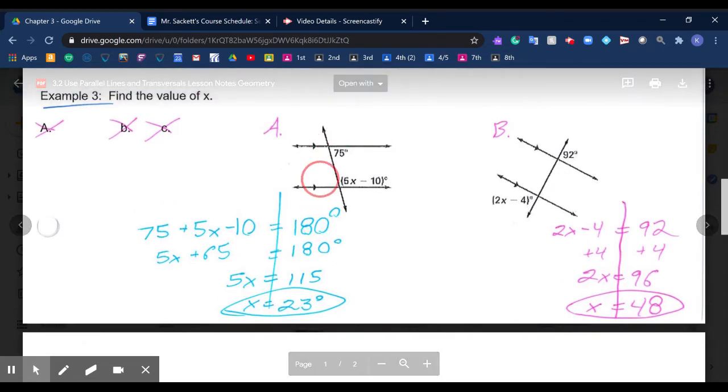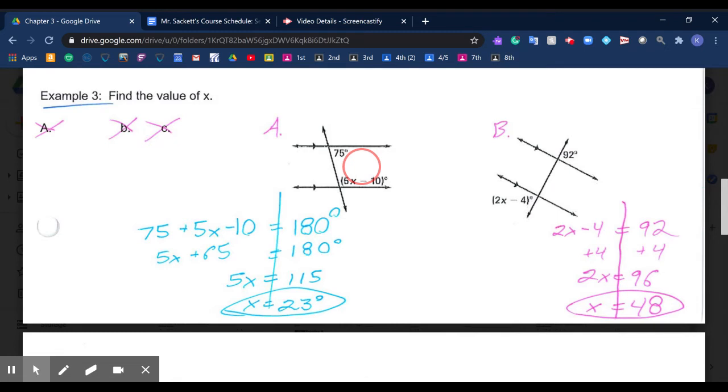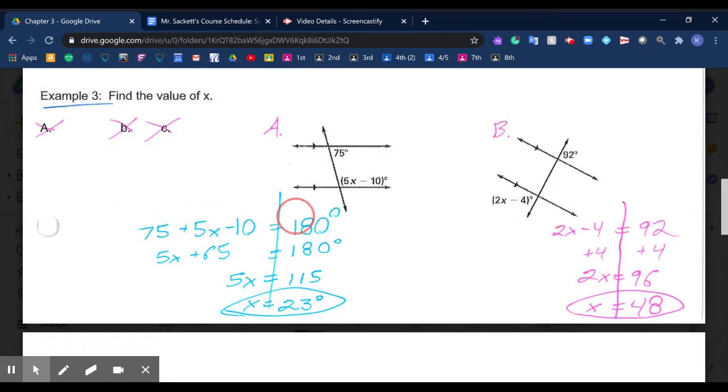We know these are our parallel lines. Here's our transversal. So these two angles are consecutive interior angles, meaning they are supplementary, so we can add them together and they equal 180. So the 75 degrees plus the 5x minus 10 equals the 180 degrees.